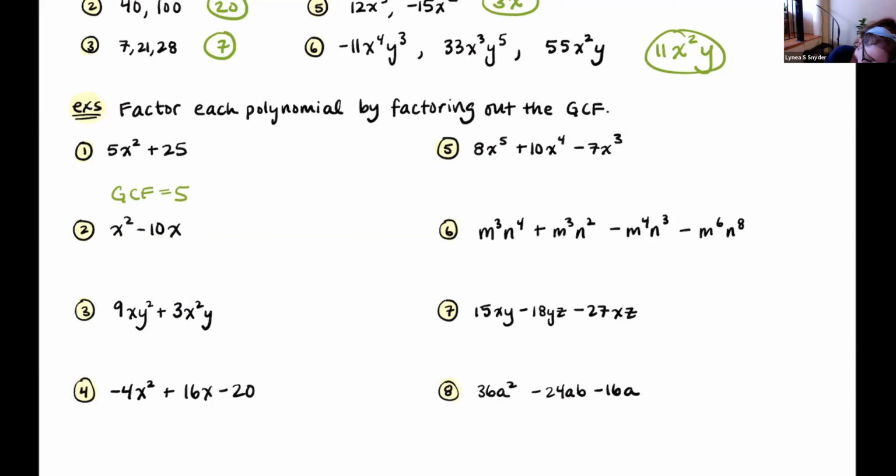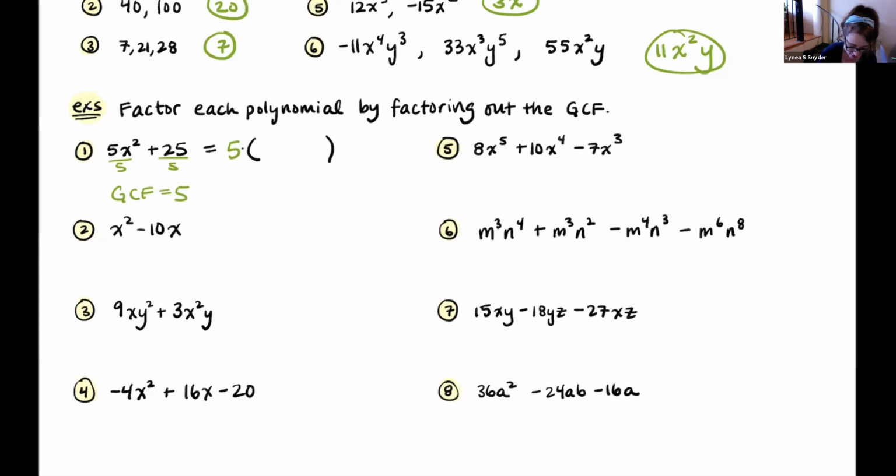So when we factor, we write this as the greatest common factor, and then we have to see what's left when we factor it out. Since factoring is like the opposite of multiplication, what we're looking for is what we get when we divide all of the terms by the greatest common factor.